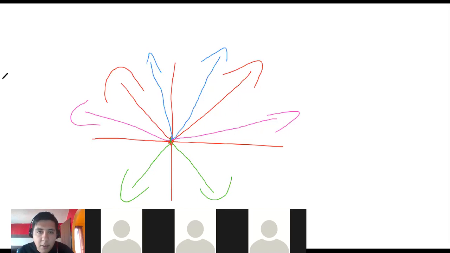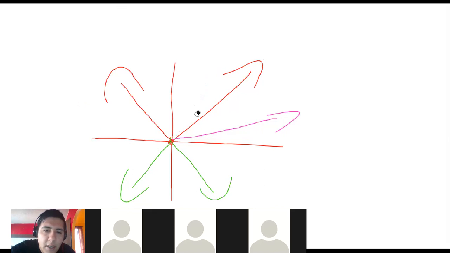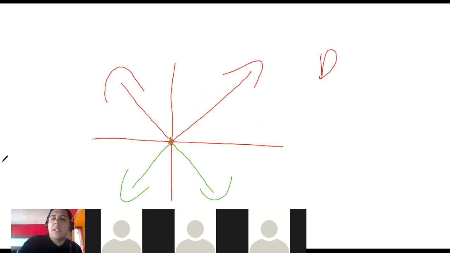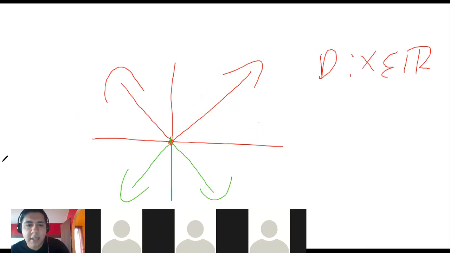Let's think about the red one as the parent function, and then we reflected it over the x-axis. Our domain would still be the same, because the arrows just tell us that it's going to hit every x value. So the domain is still all real numbers.